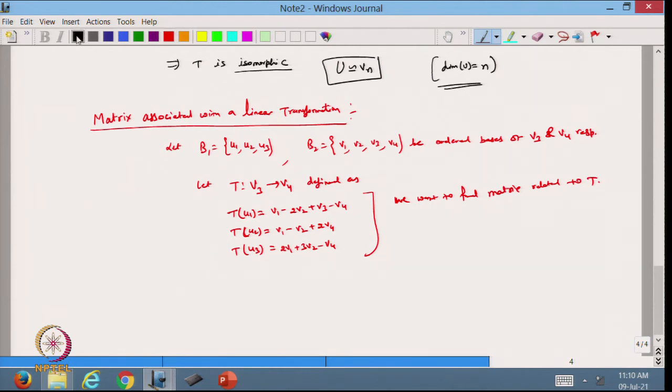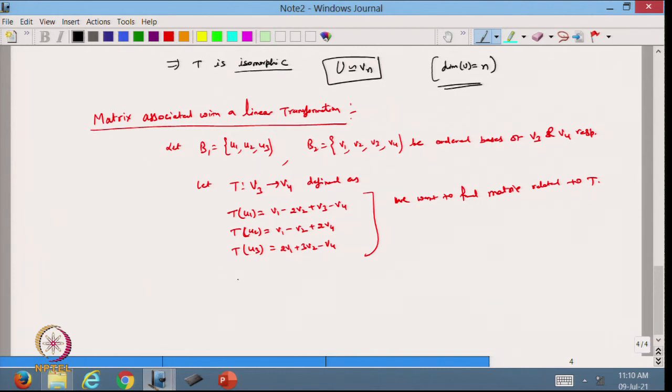Now, from here I can see that it is a linear combination of the basis V1, V2, V3, V4.